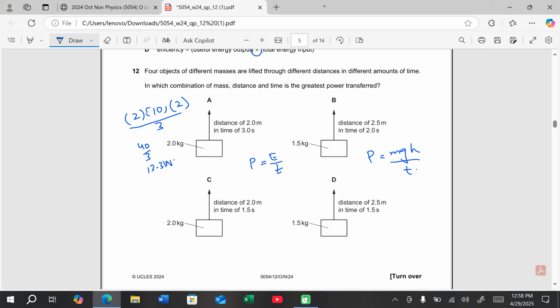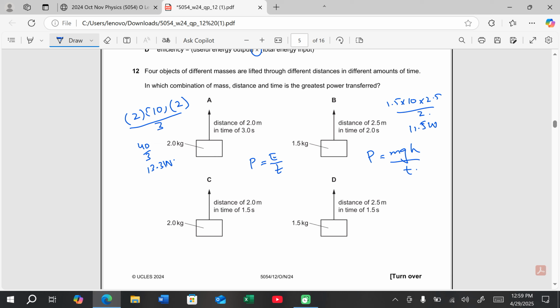Let's move on to the second one. It says 1.5 times 10 times 2.5 over 2. If I apply this, it is going to be 15 times 2.5 is 22.5, that's 11.5 approximately. You can check it with the calculator, I'm not doing it with the calculator.